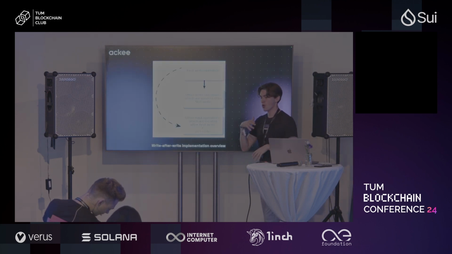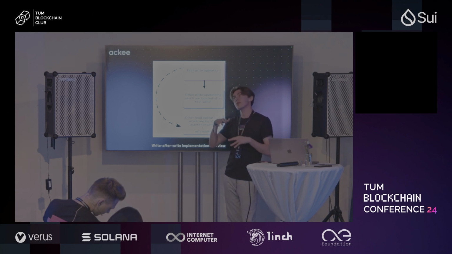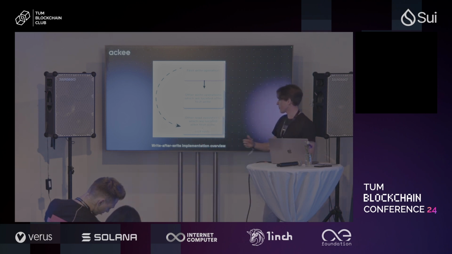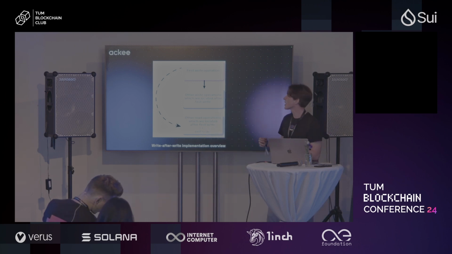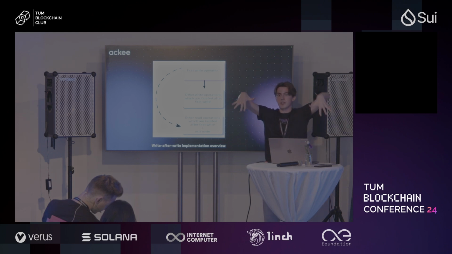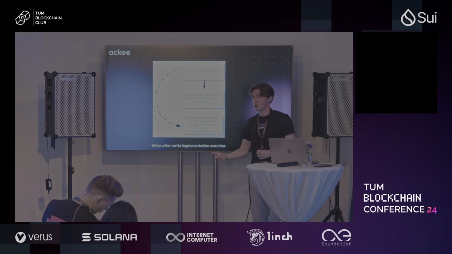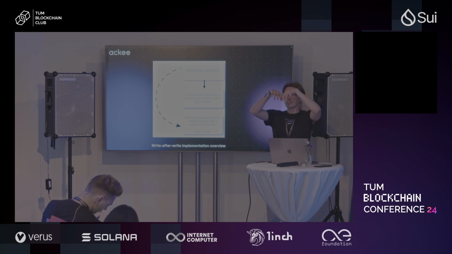Let me go through an overview of how this detection works. Okay, we take the first write operation in the control flow graph, we go through all of the paths that the function can take, and if there is no usage in all paths, we report it as an issue.